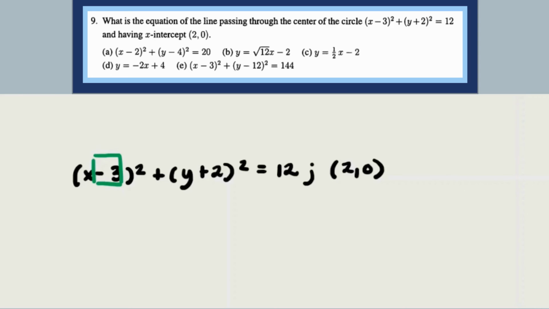We know whenever it's on the inside, it's going to be the opposite sign, so the x value of our center is going to be positive 3. And then if we look at our second point, we have a plus 2. It's always going to be the opposite, so that really means it's negative 2. So the y value of our center is going to be negative 2.